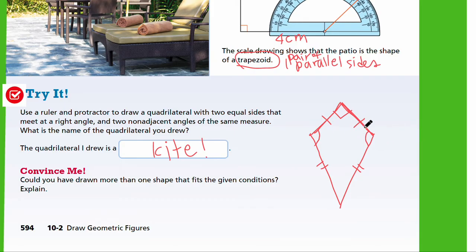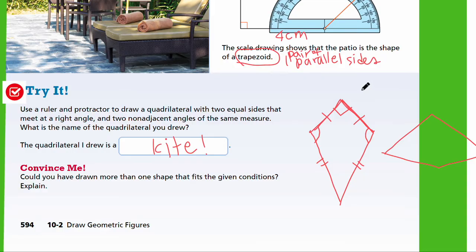So these two sides could have been longer, right? Like that, right? So the right angled sides could have been longer than the other side. So let's see.